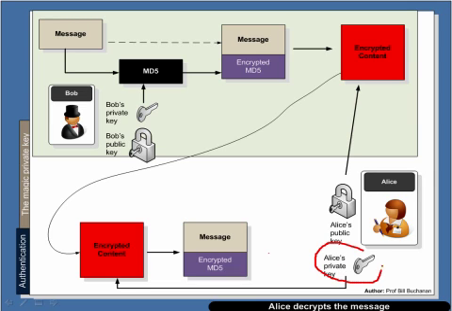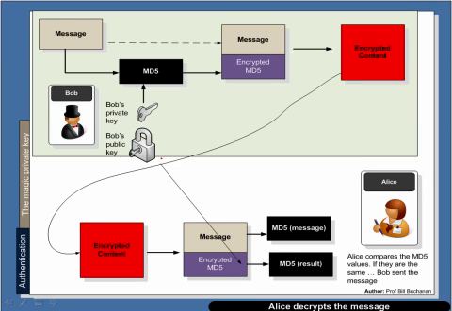Alice will then use her private key to decrypt the content, so we end up with the message and the encrypted MD5 hash. Alice then gains Bob's public key and is able to decrypt the encrypted MD5 message and gain a result.